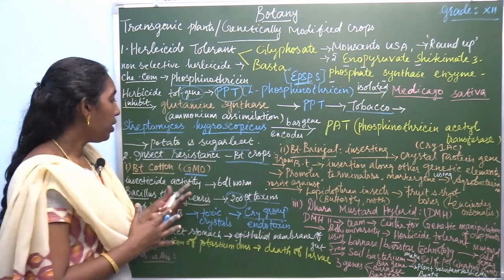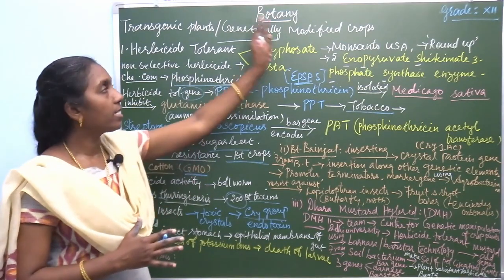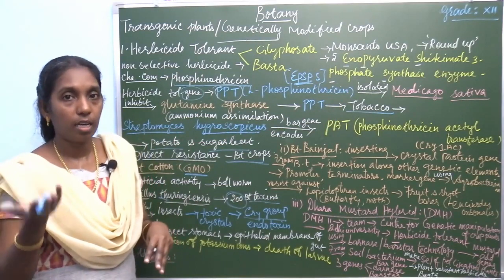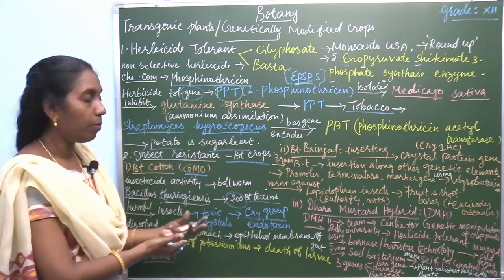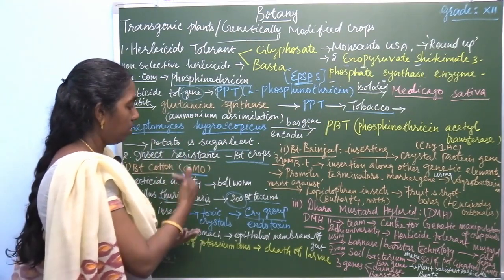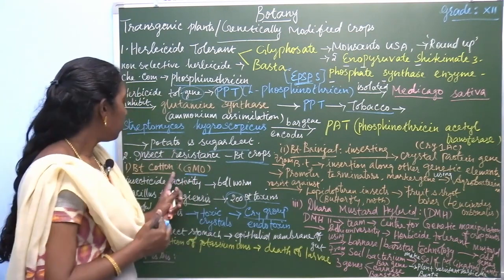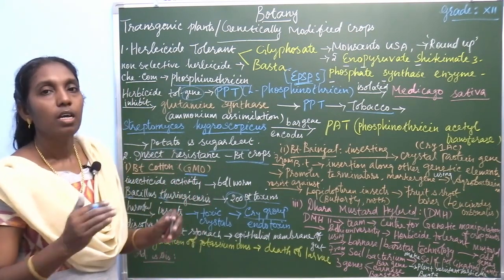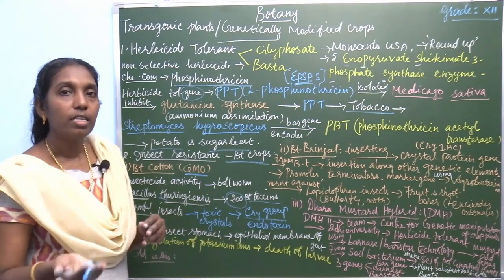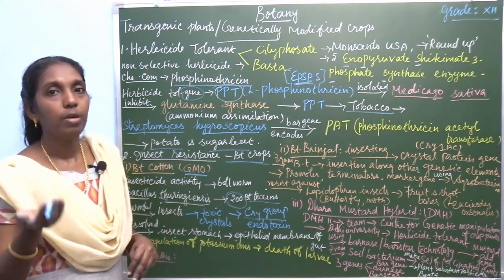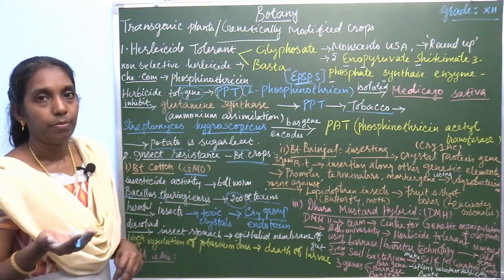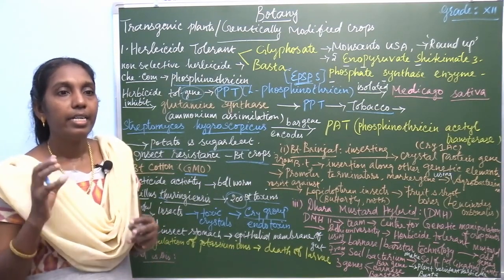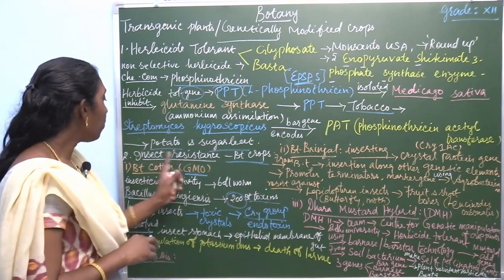So yield can be increased. All these transgenic plants increase the yield. So also in the cotton plant, when we make it a GMO, genetically modified organism, automatically the cotton yield can be increased. And reduction of usage of insecticide.